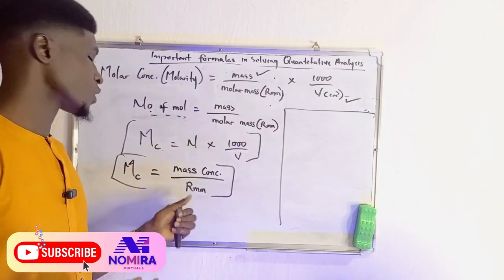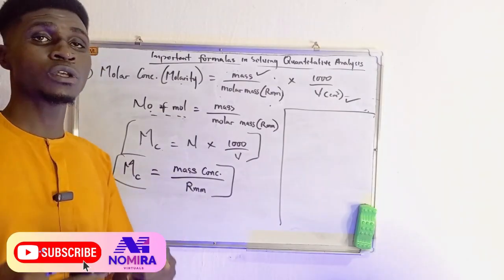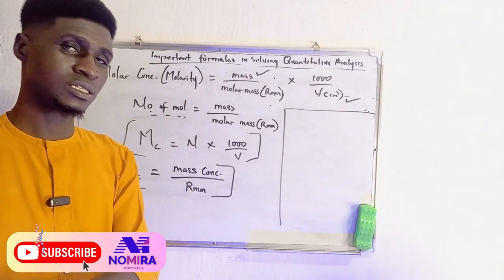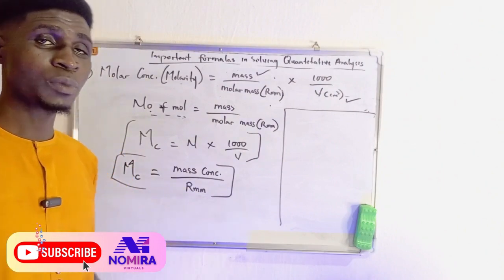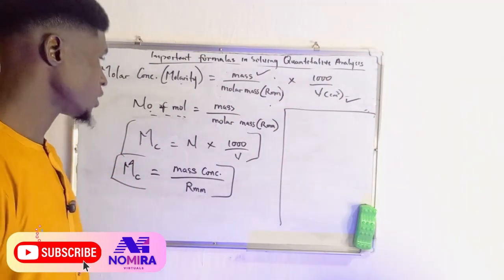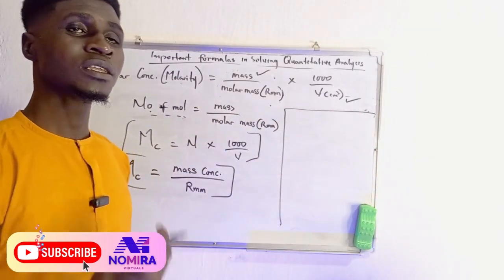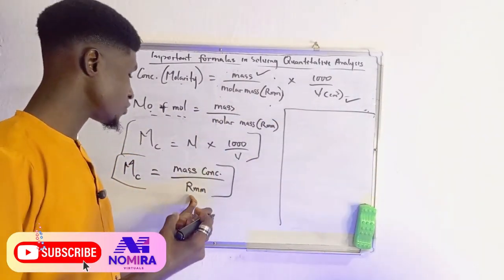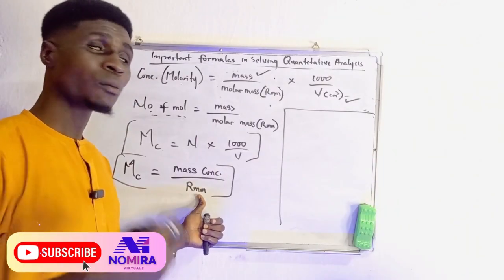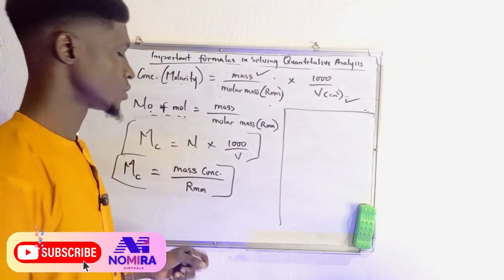It is the sum of the individual relative atomic masses of the elements that make up a particular compound, whereas molar mass is used to describe the relative molecular mass of a compound in a solution.